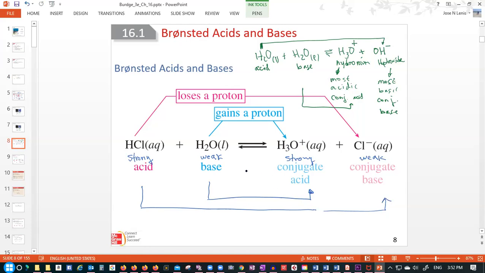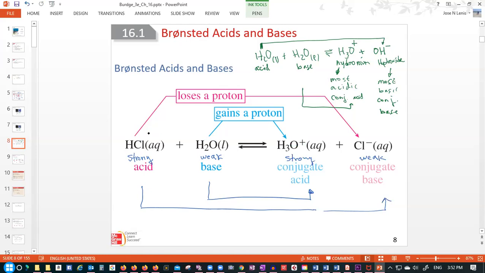Also, let's talk about the equilibrium. This is a strong acid giving all its protons to water to form the strong hydrogen ion. So what would you say about the position of the equilibrium?